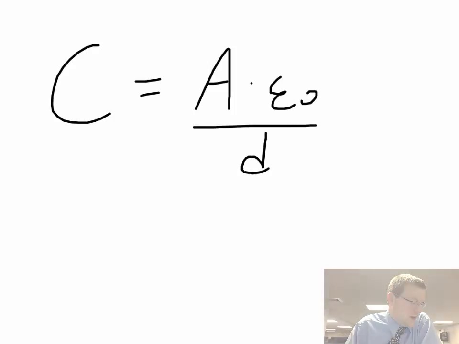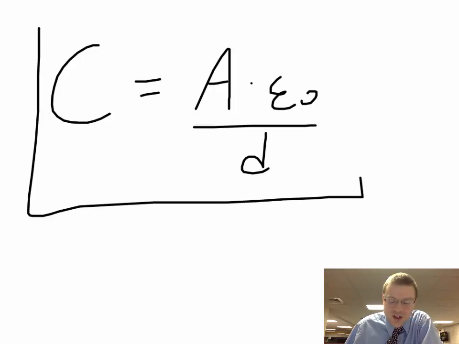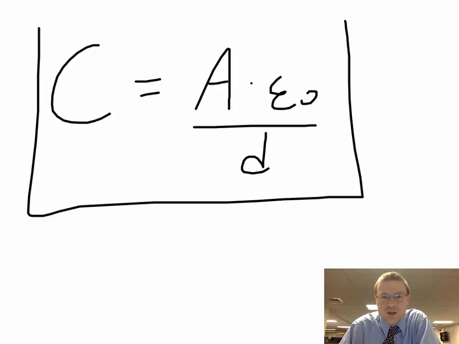Rearranging that, you get the capacitance for parallel plates is area times epsilon 0 over d. So what that's meaning is the capacitance is just a factor of its geometry and how you make the capacitor. It has absolutely nothing to do with the amount of charge or the voltage that you put on the plates. It's a unique setup.